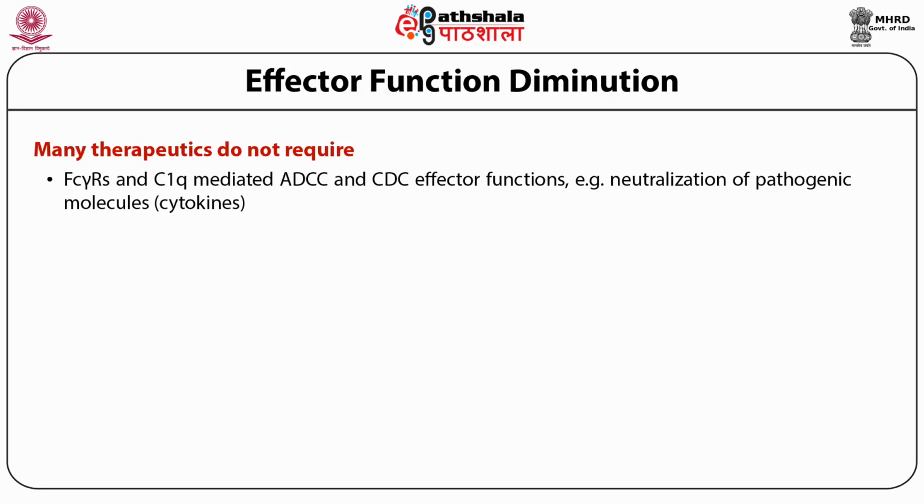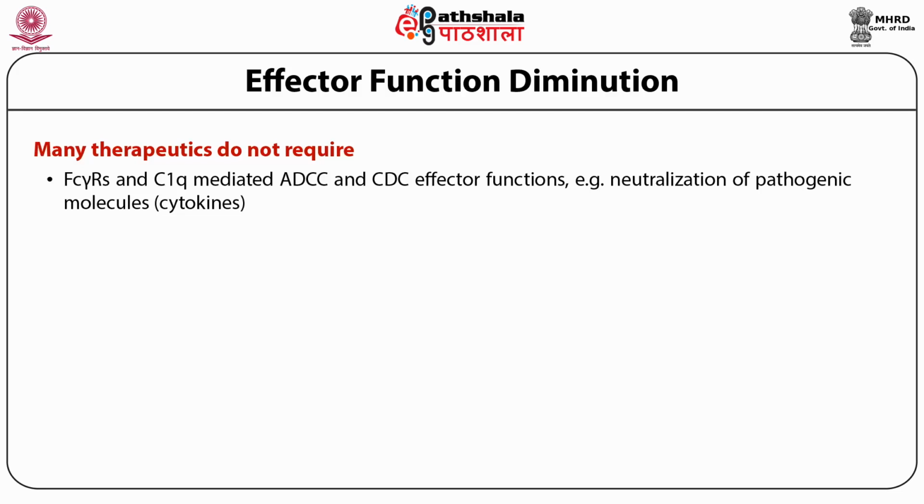molecules is being targeted. For example, one is targeting cytokines in a human patient. So neutralization of a pathogenic molecule would require only the antigen binding fragment of an antibody or the therapeutic molecule, and it is undesirable to actually stimulate the effector function.